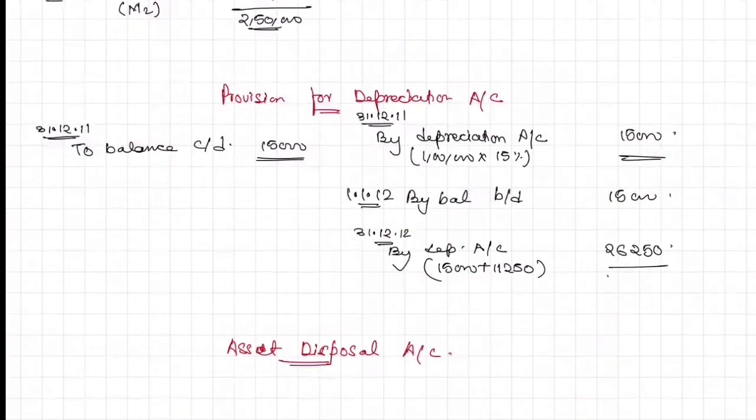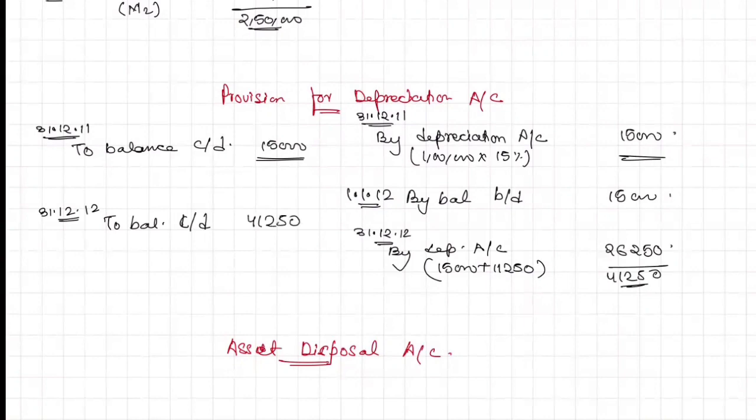It will close at 41,250, and it will be 31st 12 12, to balance CD 41,250. It will close here.